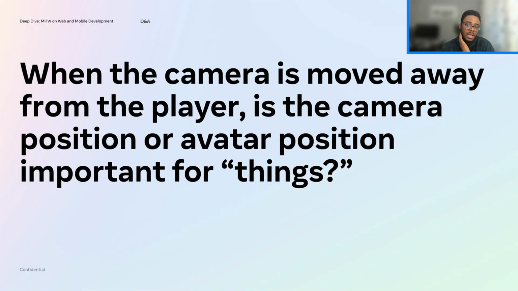What's the most important when it comes to, so when the camera is moved away from the player, what's the most important? Is it the camera position or the avatar position? So when we're playing around with detaching the camera from the player, they'll still have control of their avatar.